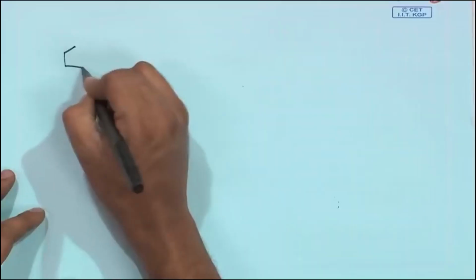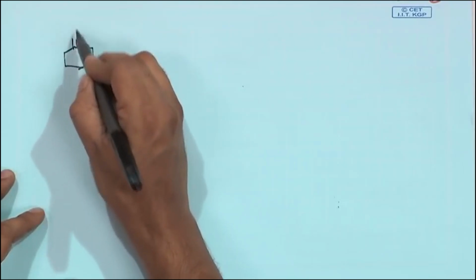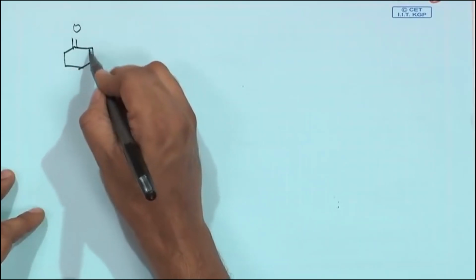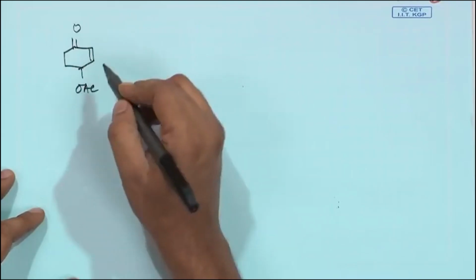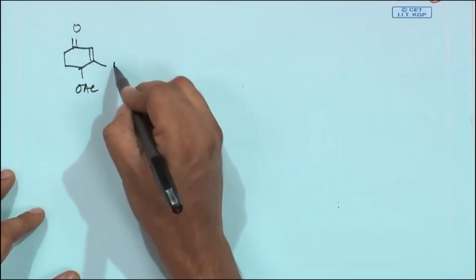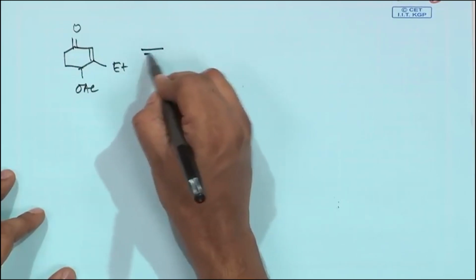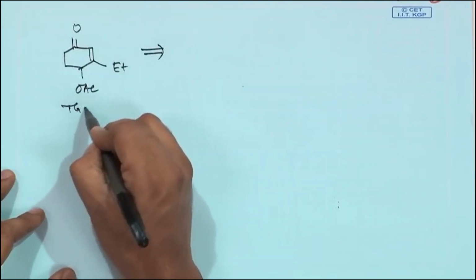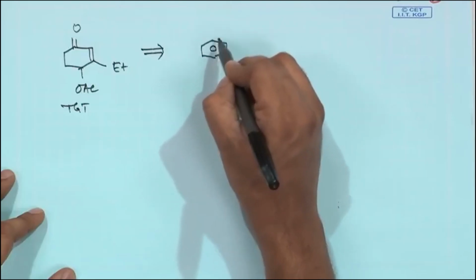The next retro is a little bit complicated, not complicated exactly, but we will explore the strategy which you already discussed before. We said a cyclohexenone-based target molecule was given to you. The starting material was very interesting.